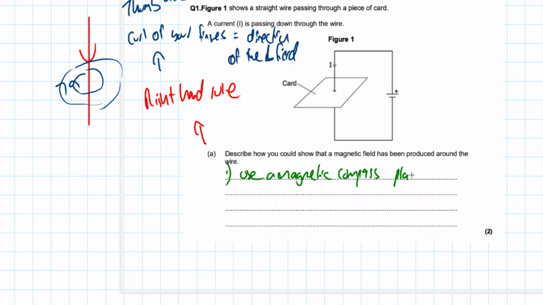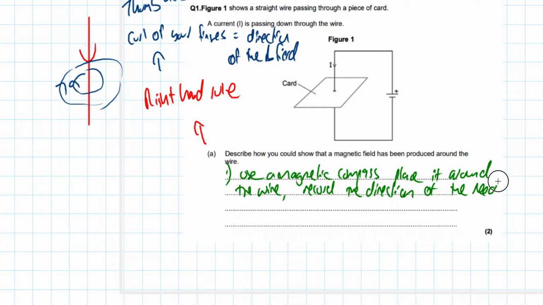So use a magnetic compass and place it around the wire. And then what you want to do is record the direction of the needle every time you place it.